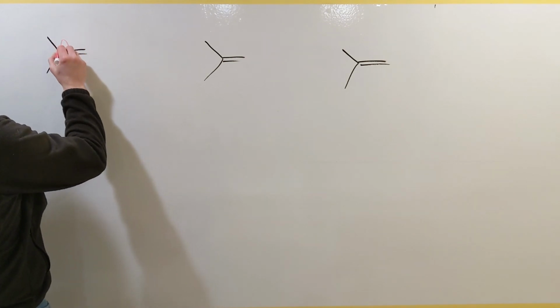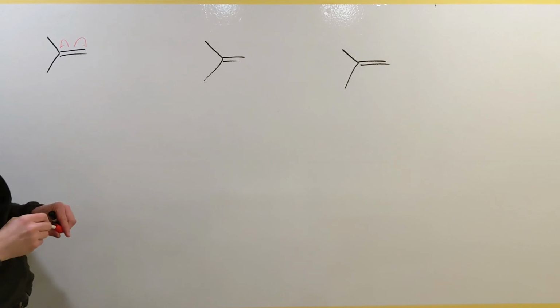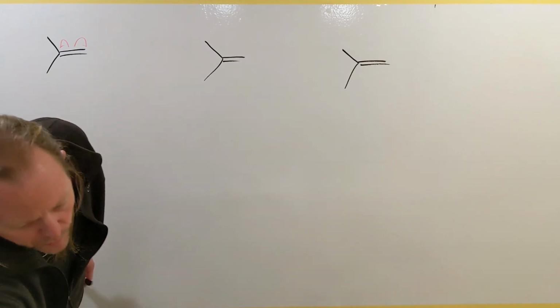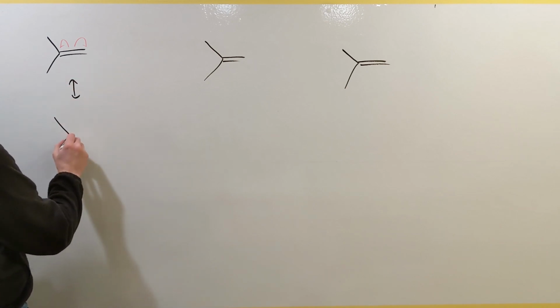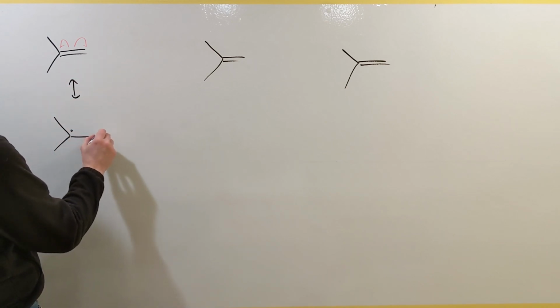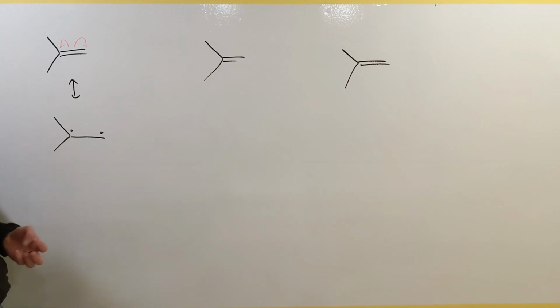When we want to draw single electron motion, we use these fishhook type arrows, and what that means is I'm splitting up pairs of electrons. So that resonance structure would give me this. I would have single electrons on both. Very rarely are we going to deal with that. There is at least one case in this chapter we're going to need that, but most of the time, be thankful, you don't need that one. It's not how things work.